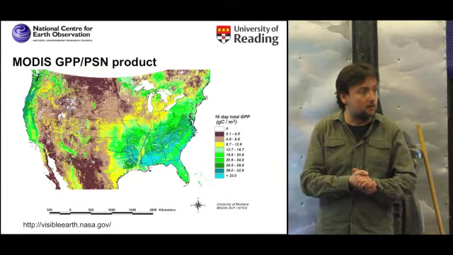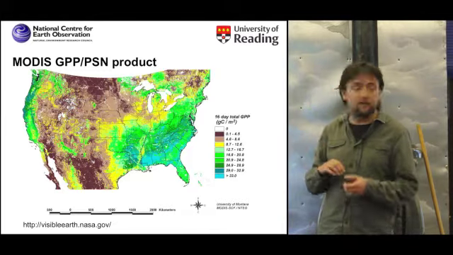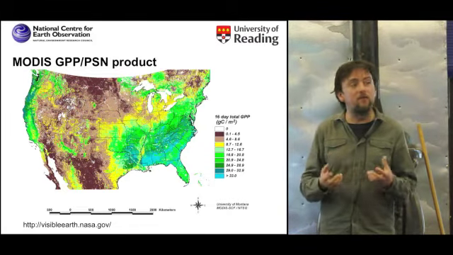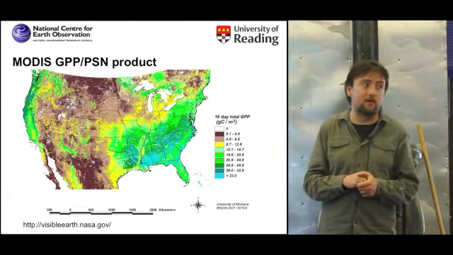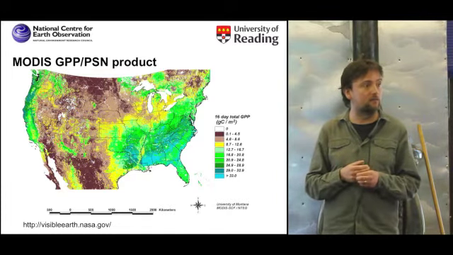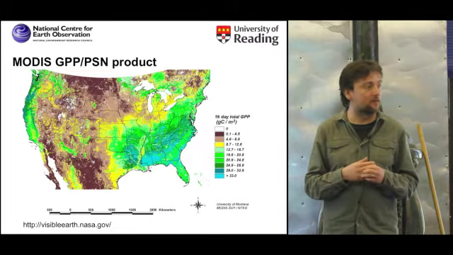The resolution is 1 kilometre in this case, so it's at the scale that you might be able to compare it reasonably with a flux tower. And it's quite commonly done to compare this data with flux tower data. In fact, we will do that this afternoon.